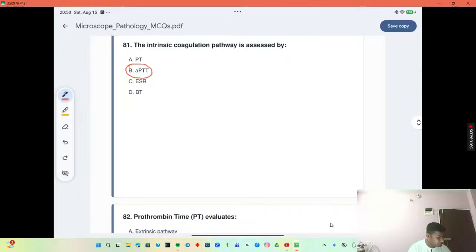The full form of APTT test is activated partial thromboplastin test. So the intrinsic coagulation pathway is assessed by activated partial thromboplastin test, that is APTT test.